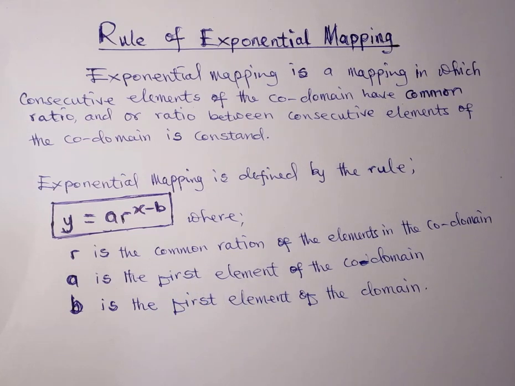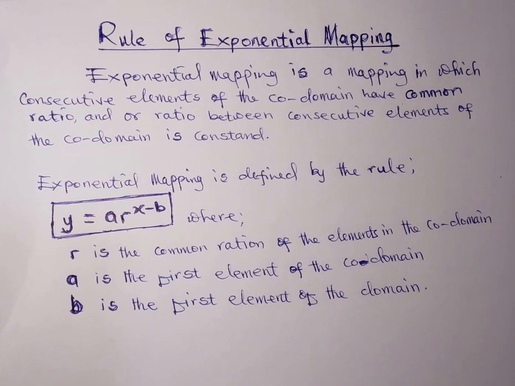So we are going to look at when we say the ratio between consecutive elements of the codomain is constant, or when we say the consecutive elements of the codomain have a common ratio.